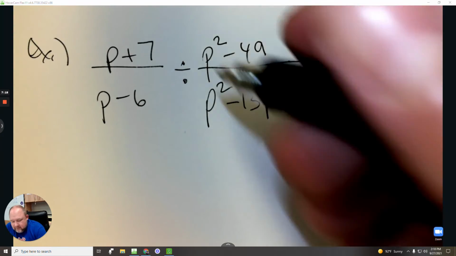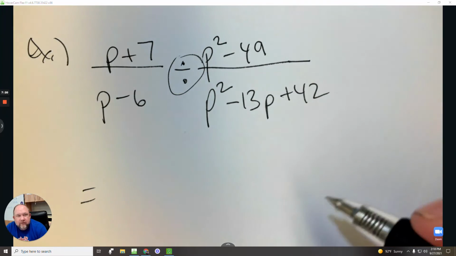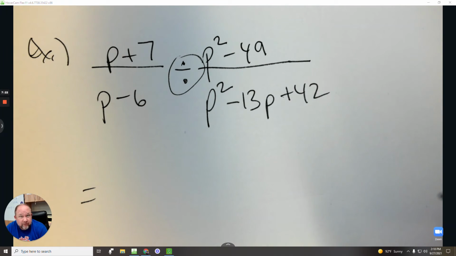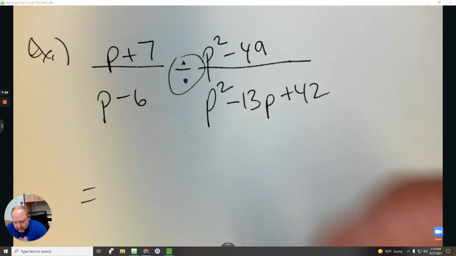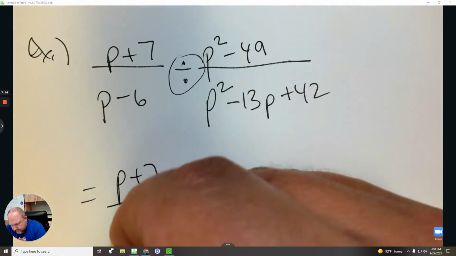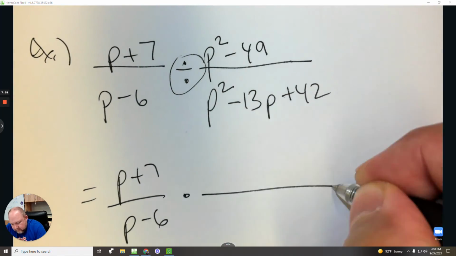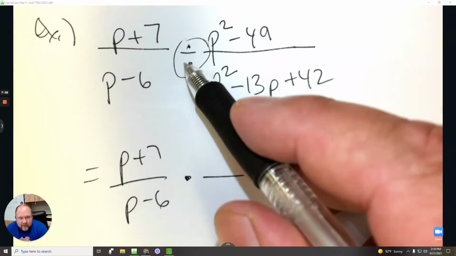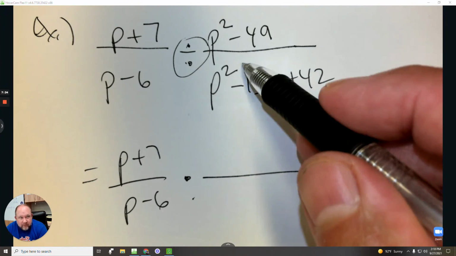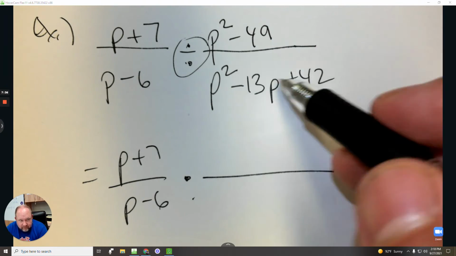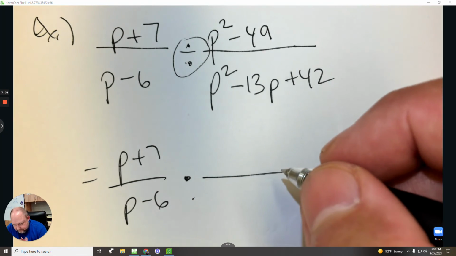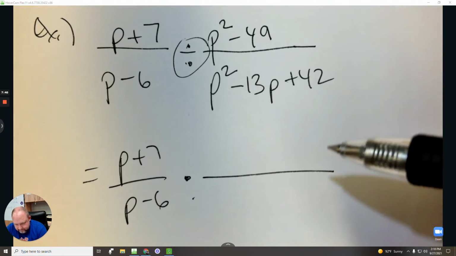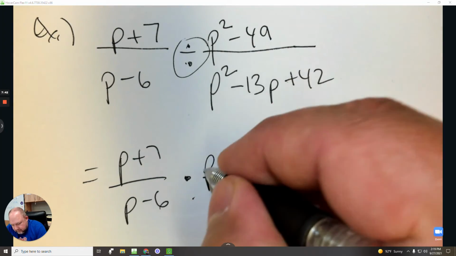What's the key to dividing is to change this to multiplying first, and then it's just like what we did before. So if I change it to multiplying, do you remember the rule to dividing fractions? You change it to multiplying by doing the reciprocal of this, which is called the divisor. So the reciprocal, there we go.